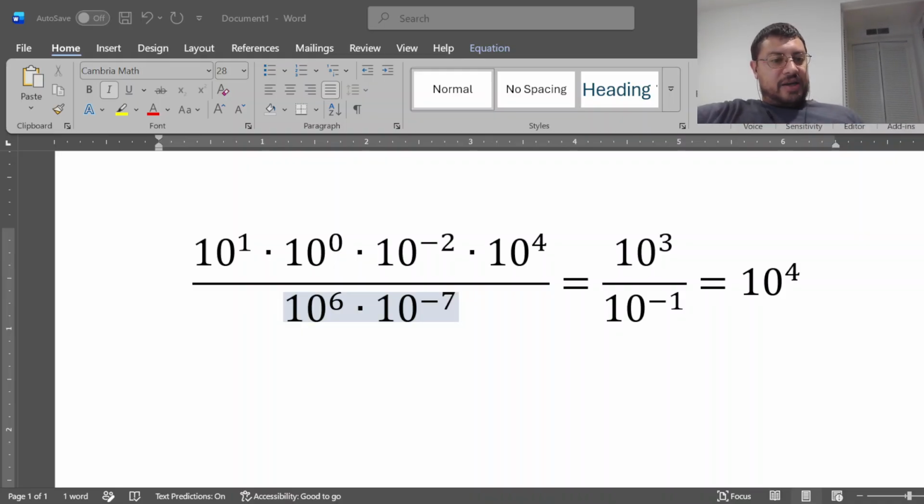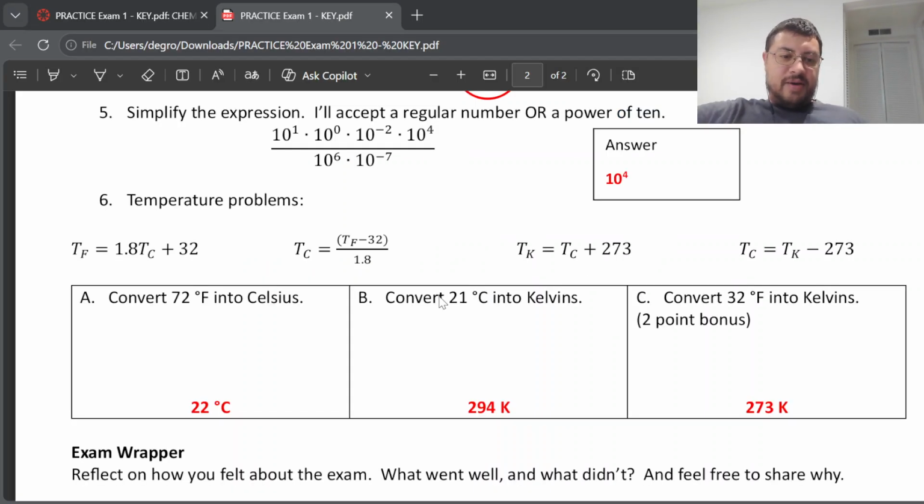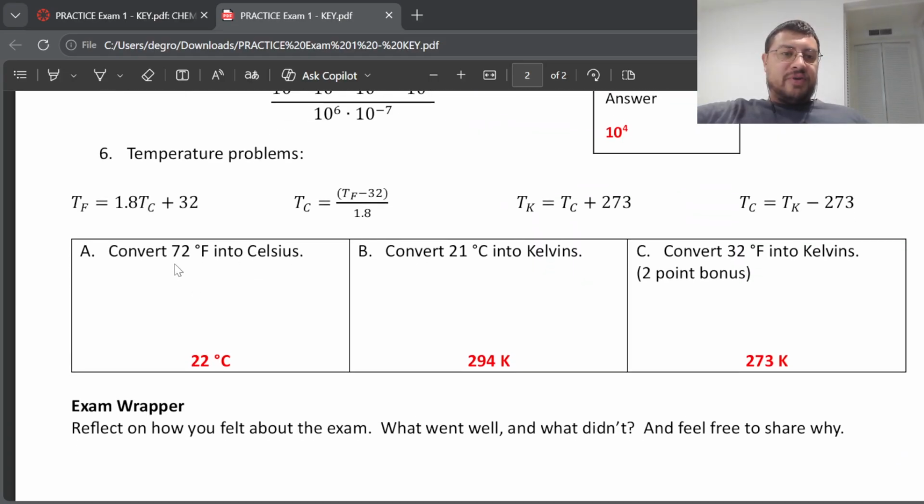Okay. Getting 72 Fahrenheit into Celsius, you'd want to use either this equation. Oh, I'm not on the screen, am I? One second. Okay, now I am on the screen. So for 72 Fahrenheit into Celsius, you're going to want to use the equations that involve Fahrenheit or Celsius.